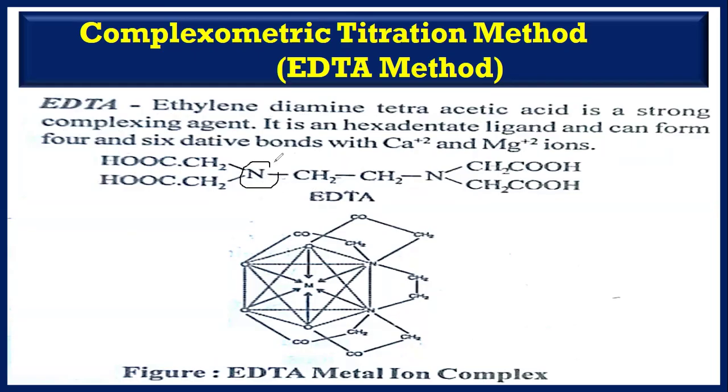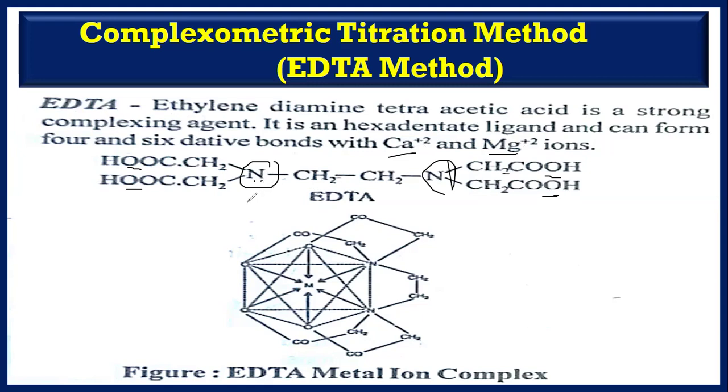One is this nitrogen, second is this nitrogen, third this oxygen, fourth this oxygen, and so on. So in total it has 6 donor atoms, and all these 6 donor atoms form bonds with the calcium and magnesium ions, because all of them possess a lone pair of electrons.